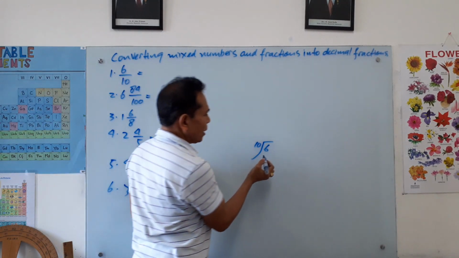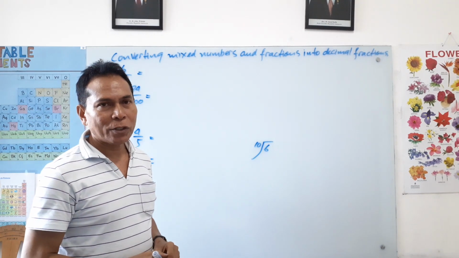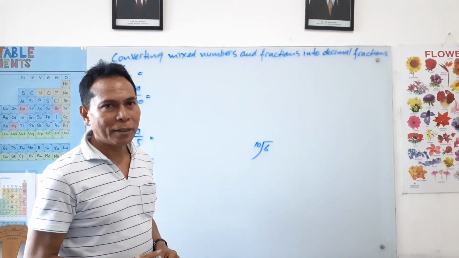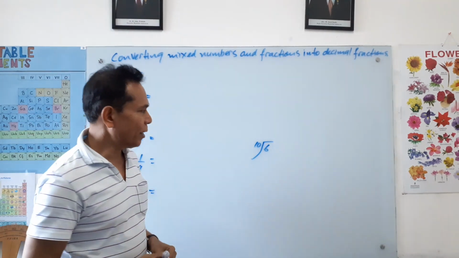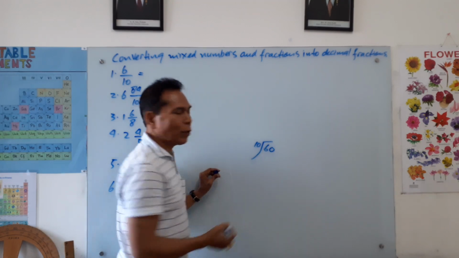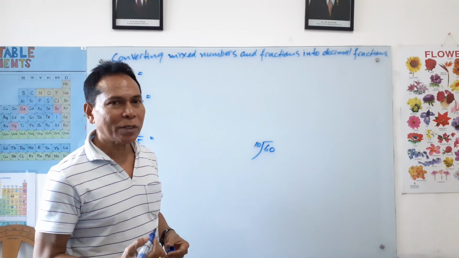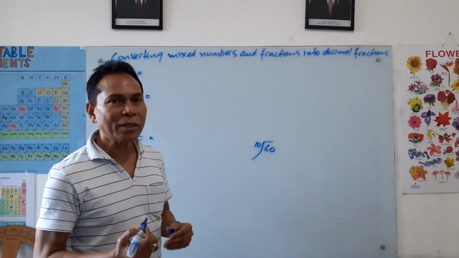Now, if you look here, 6 is smaller than 10, so of course we cannot divide it. To work this out, we put 0 here, and 6 becomes 60.